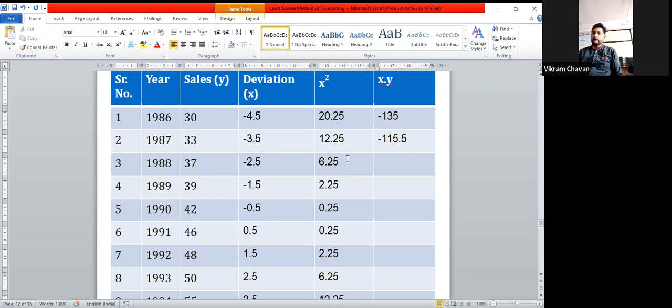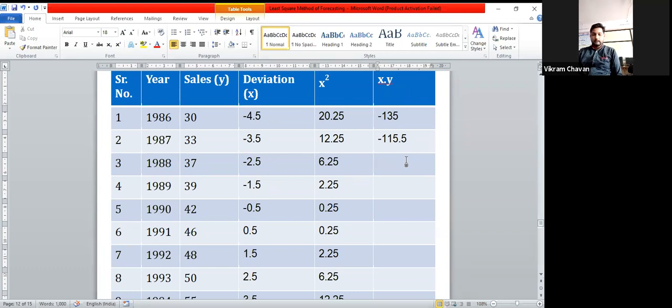You will get the wrong answer. If you make a mistake in any of the things in this particular table, then your calculation will be wrong, and you will not get the accurate answer. So do the calculation rigorously and have a hands-on calculator.